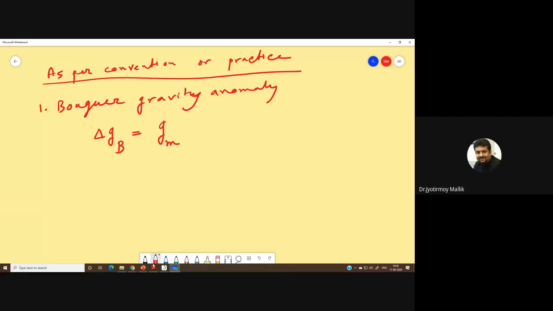GM means G measured, okay? Plus, now I am going to show you the corrections. Delta G FA, FA stands for free air correction, minus delta G BP, BP stands for Bouguer plate correction, plus delta G T, T stands for terrain correction, and delta G latitude.